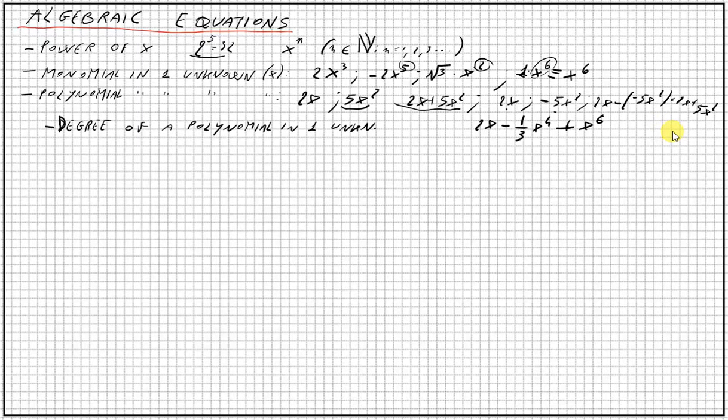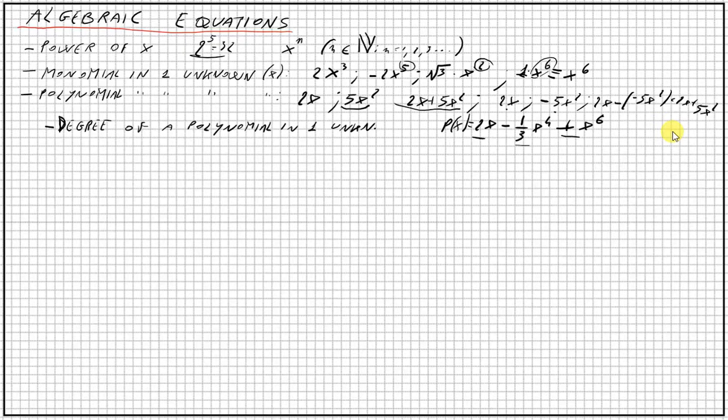An important concept, though, is to consider the maximum exponent of all the monomials that make up this polynomial. So if I look at this one, in this particular case, this is a polynomial of x. It depends on x, so it's a function of x. It's made up of three different monomials. Which one has the highest degree? The degree of x not indicated to any power means it's power 1.